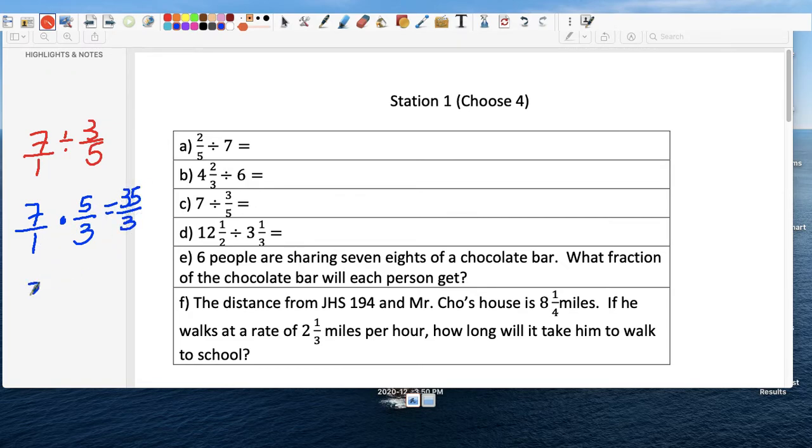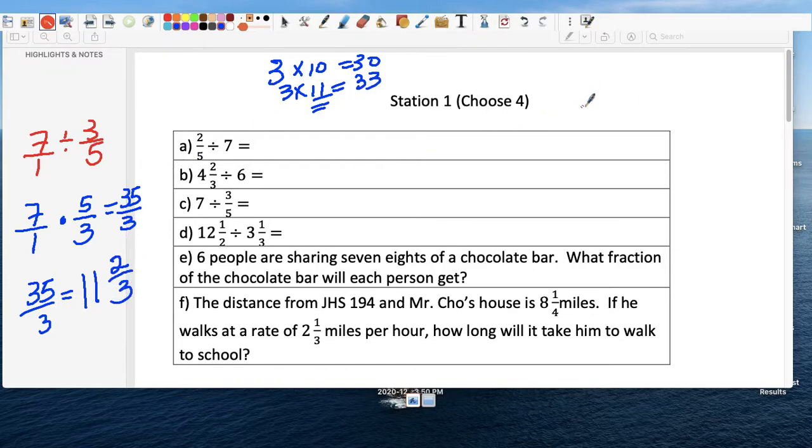So, can we simplify? Well, we can, because how many times can 3 go into 35? Let's see. 3 times 10 is 30. 3 times 11 is 33. So definitely 11 times. If 3 goes into 35 11 times, we have 33. How many left over? 2 over 3.